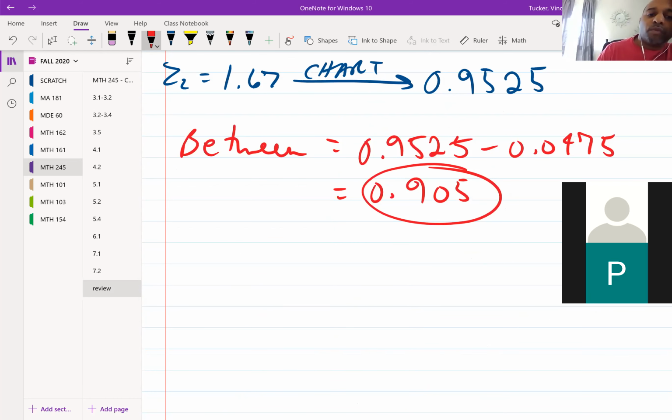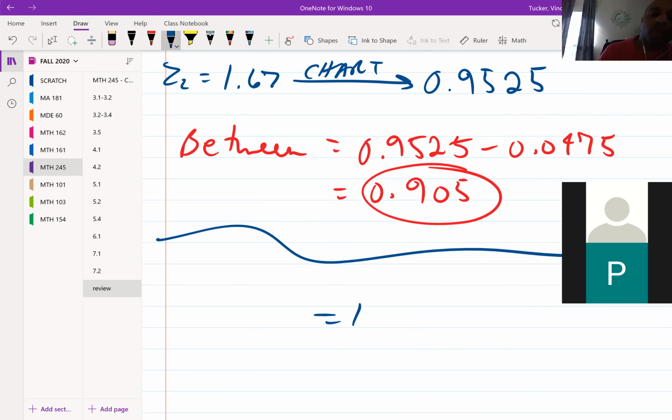Now we want to get 10,000 rods. Basically, we're working in reverse a little bit. We're undoing what the other one did. We want 10,000 rods in between those values, and we know the percentage that we will have is that 0.905.